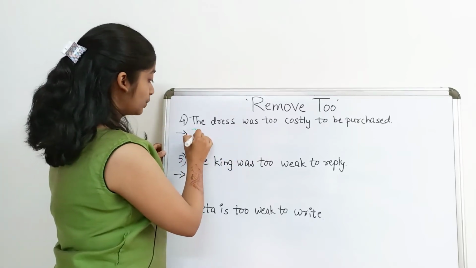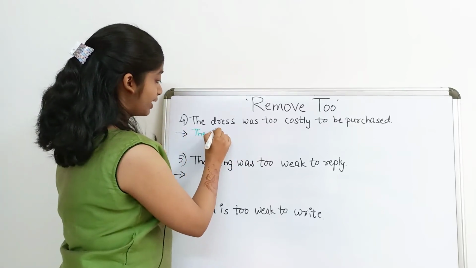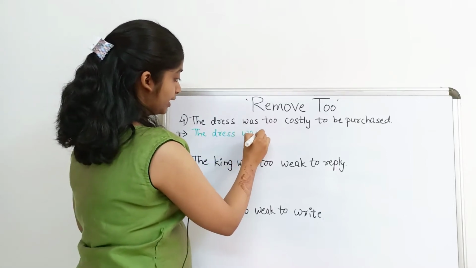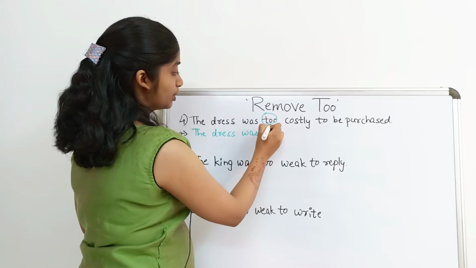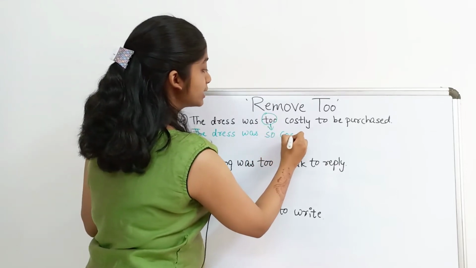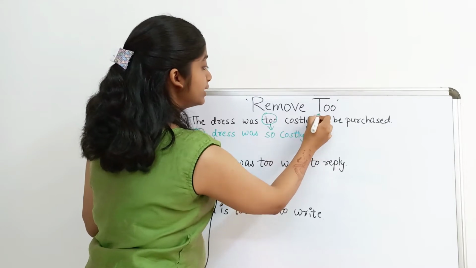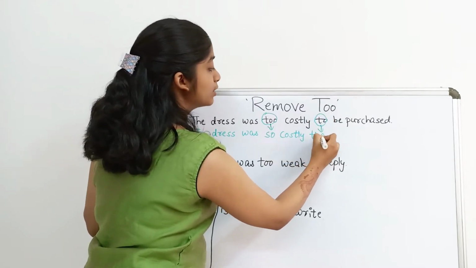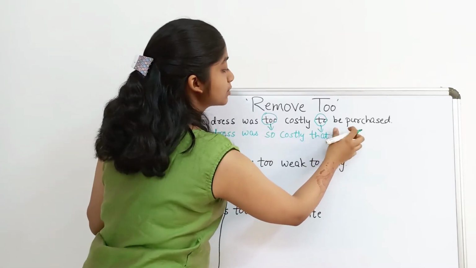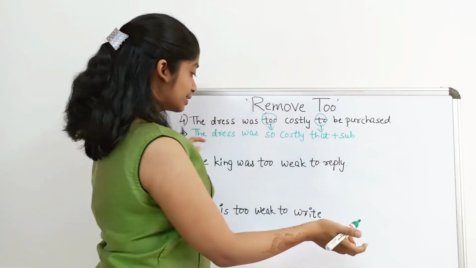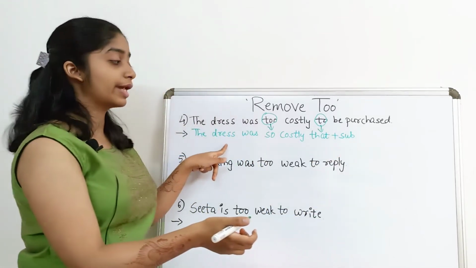So, starting with the same sentence, the dress was, instead of "too", we will write "so". The dress was so costly. Instead of this "to", we will write that plus subject. What is the subject? The subject is the dress.